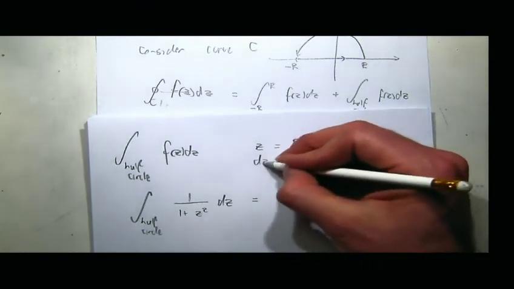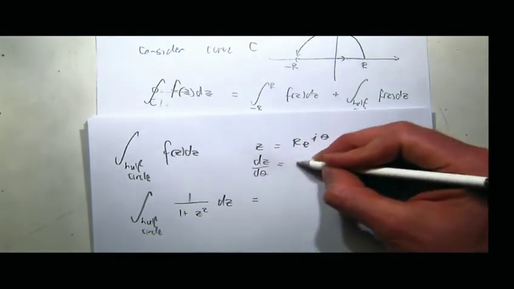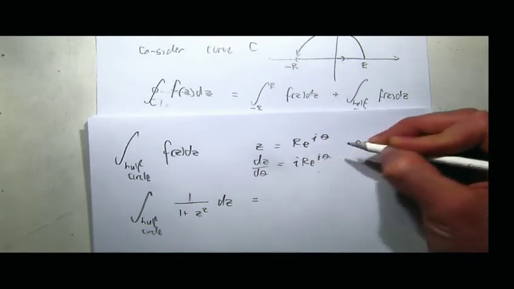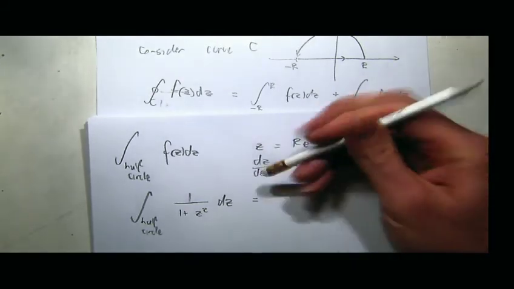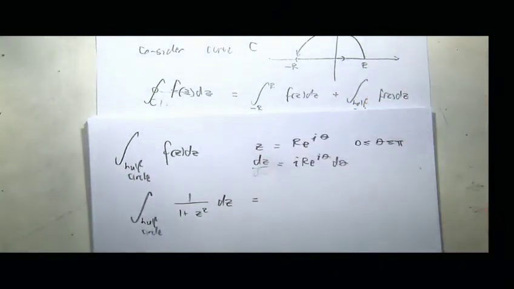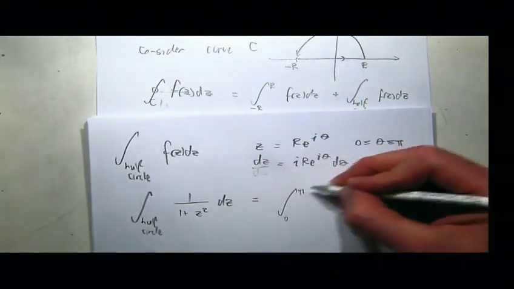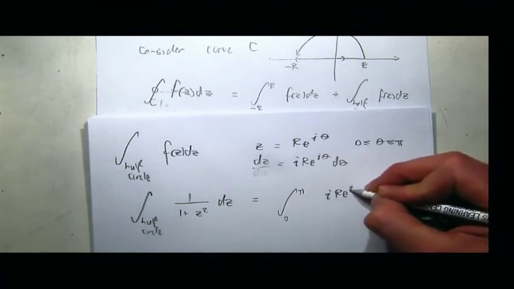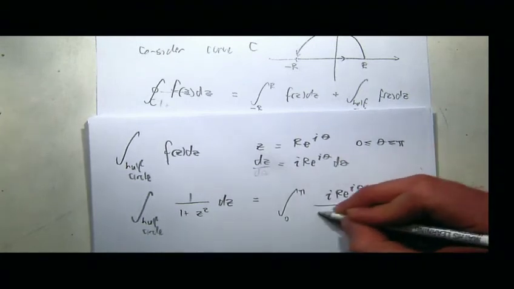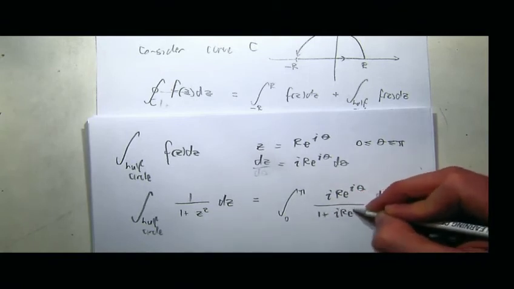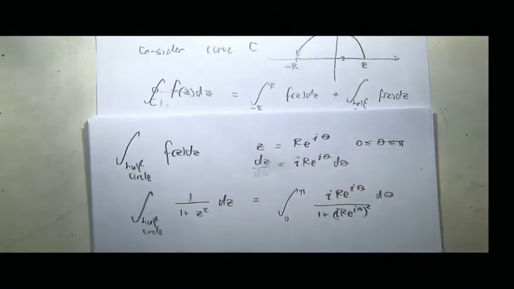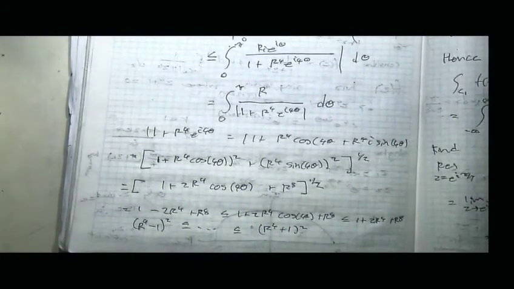So dz on d theta is I r e to the I theta, so dz is I r e to the I theta d theta, and I get from 0 to pi that, which has this fun integral, which I have no idea.